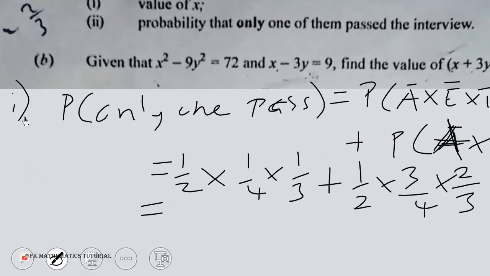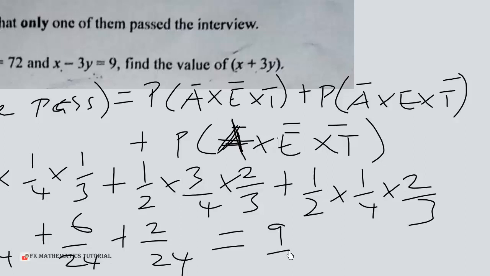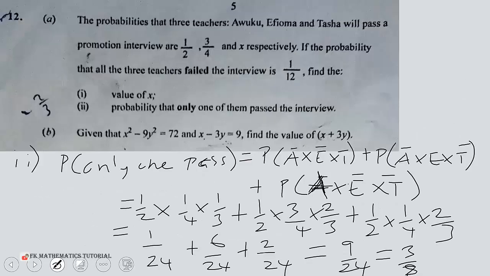So this will give us 1 over 24 plus 6 over 24 plus 2 over 24. And that will simplify to 9 over 24, which is the same as 3 over 8.